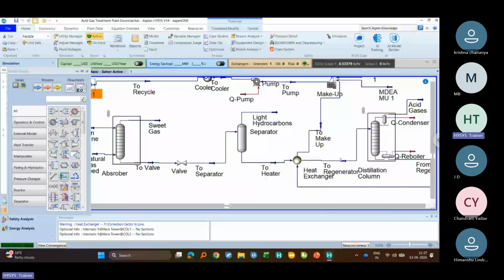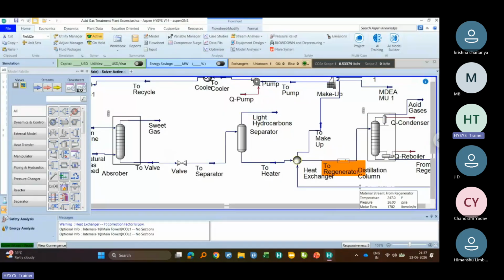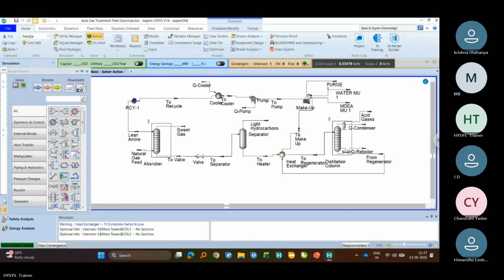He just wants an overview of the temperature range of the different streams in my flow sheet. At that time, you can represent your different material streams in different colors based on temperature ranges.